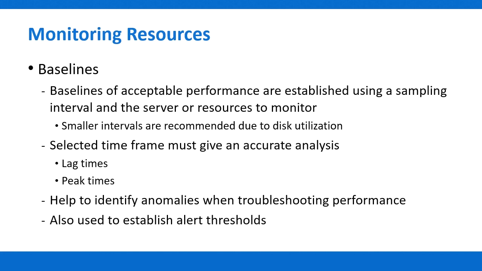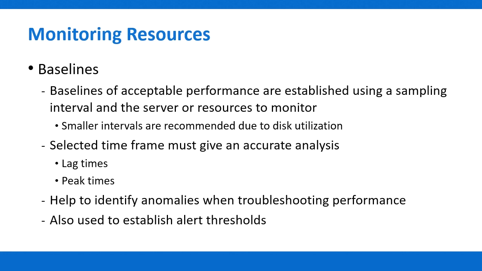The other purpose of baselines would be to establish alert thresholds. So we mentioned both baselines and thresholds. We come up with the baseline values, and then we come up with the specific level at which I want to be alerted. So a user has reported a problem, and I say, look, if this server, this database reaches this level again, we need to go ahead and be notified.